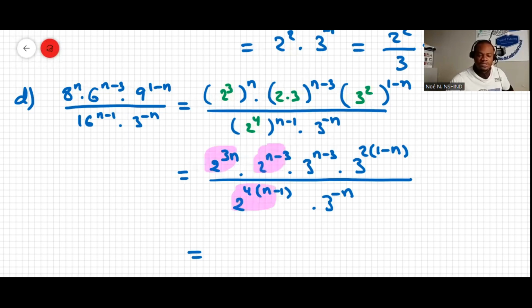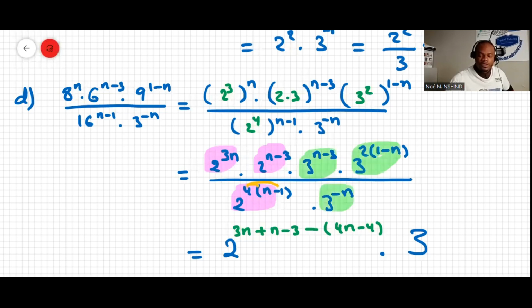So I can write 2 to the power of 3n plus n minus 3, and now we subtract the denominator, which is 4n minus 4, because over here we multiply 4 times n and 4 times negative 1. Then we do times 3, and the bases of 3 are this one, that one, and that one.